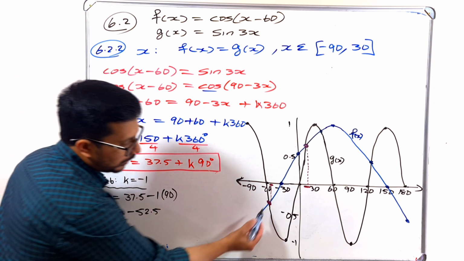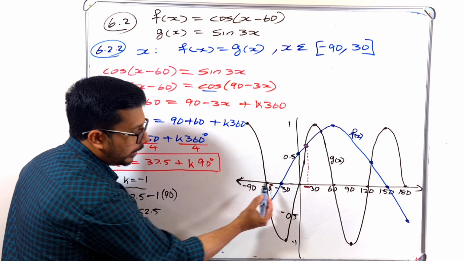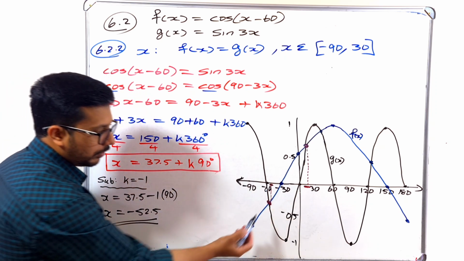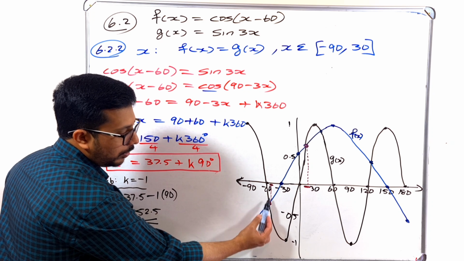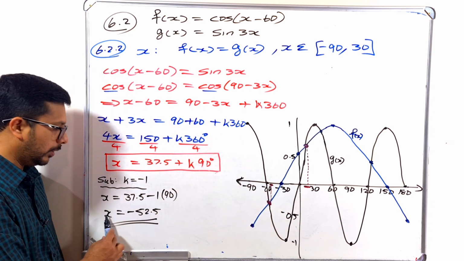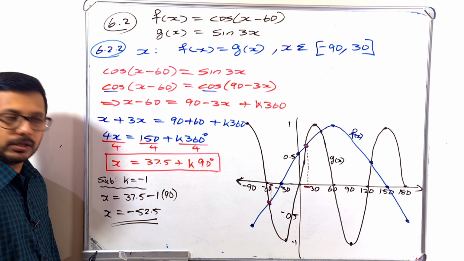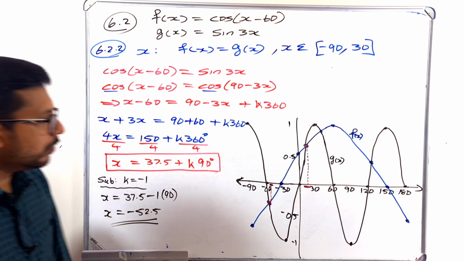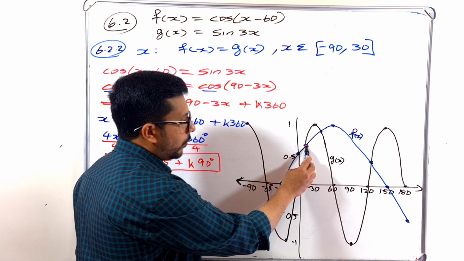So can you see that at this point here the x value is minus 52.5. You can see clearly because this point is between minus 60 and minus 30. So this is the answer, minus 52.5.